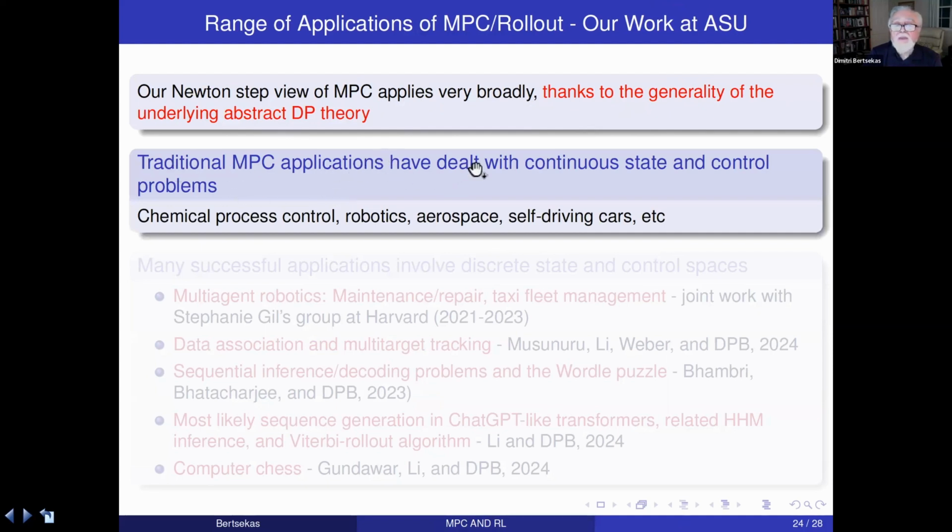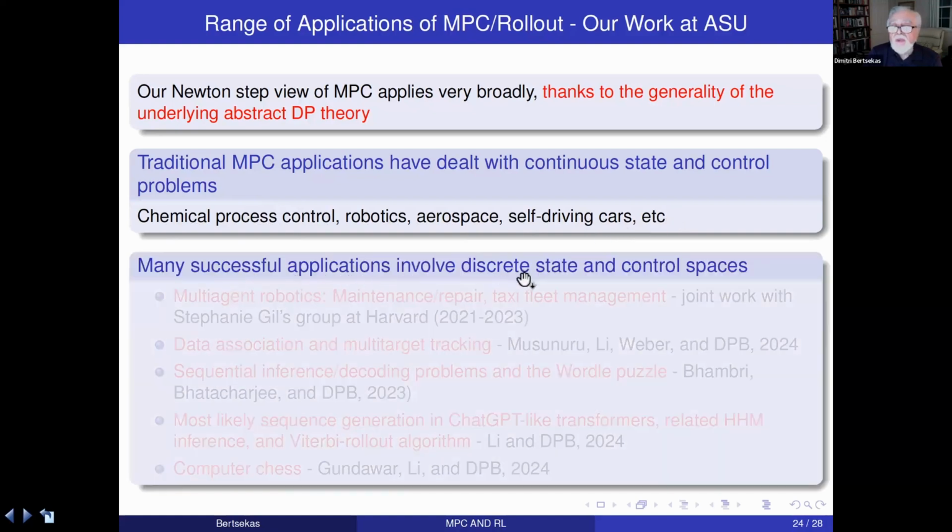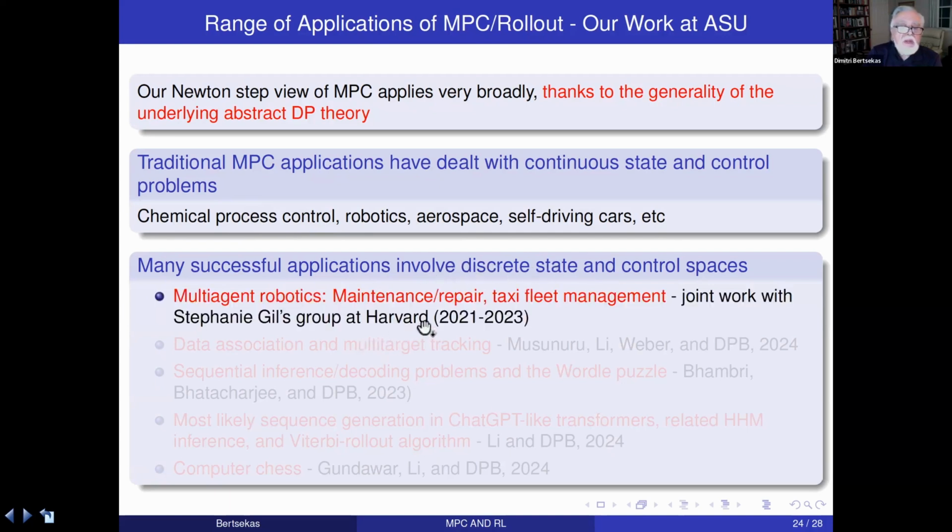Traditional MPC applications have dealt with continuous state and control problems, such as process control, robotics, aerospace, self-driving cars, and so on. But there are many successful applications involving discrete state and control spaces, and these are the applications that we have been focusing on primarily at ASU.